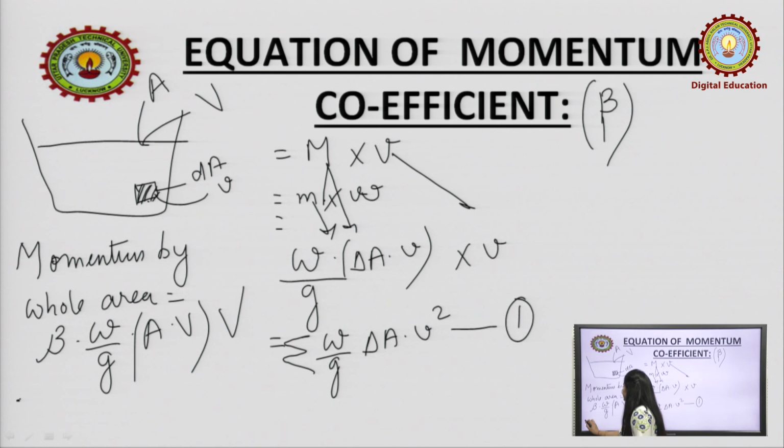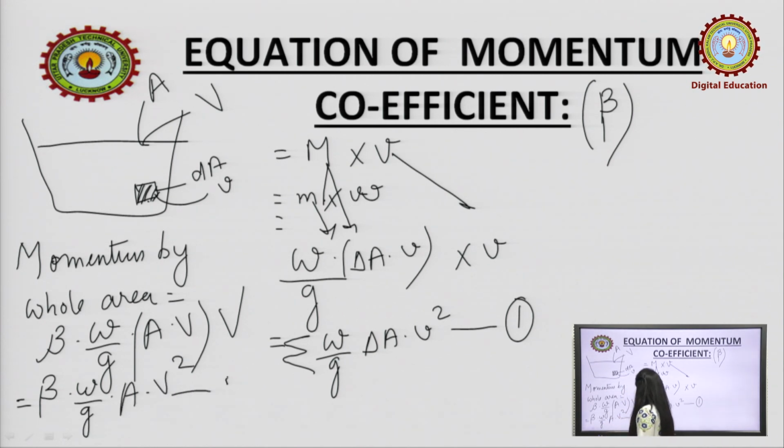Or you can say the corrected one is beta into specific weight by g, capital A into V square. This is equation number 2.